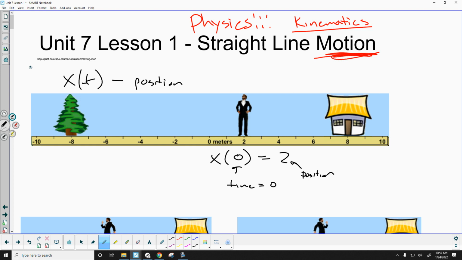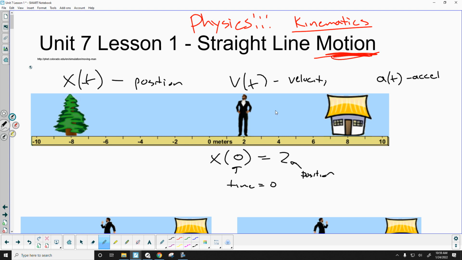Got it? We'll also be looking at velocity, which will be V, makes sense. We'll be looking at acceleration, which is A. That makes sense. Now, typically our guy is just moving left and right on an x-axis.